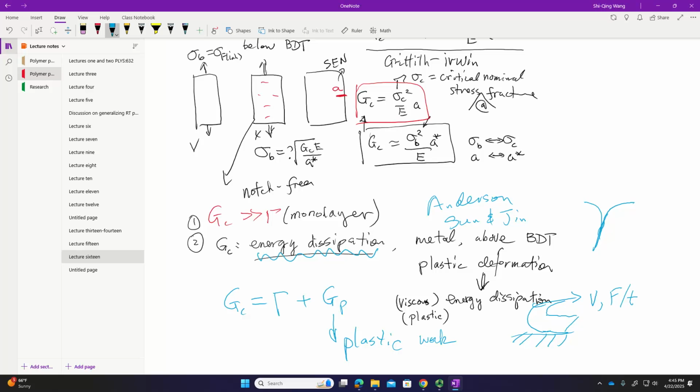That force divided by the thickness of the sample has the dimension of GC. And therefore, I'm explaining that if you peel faster, you find the GC is higher, meaning the force is higher.